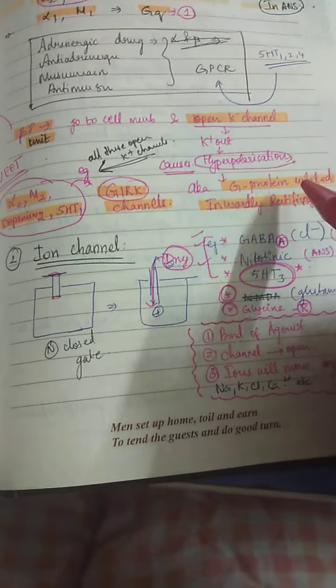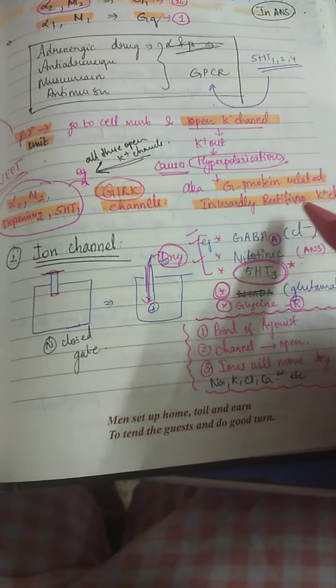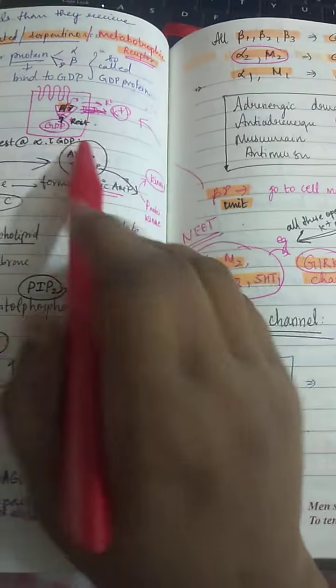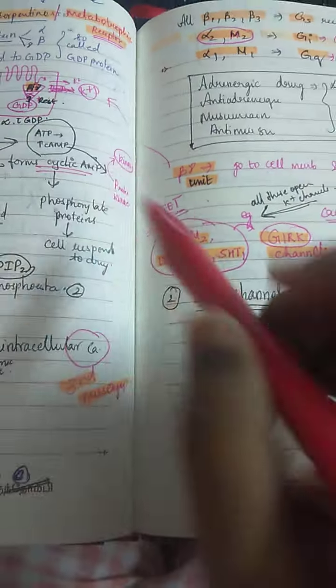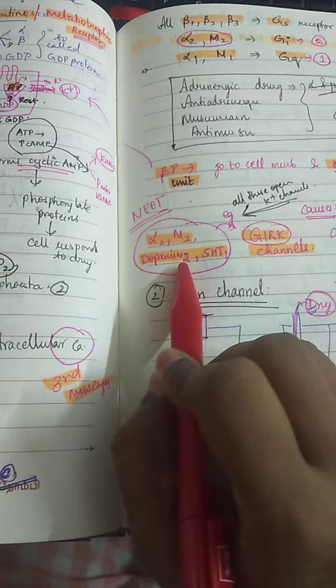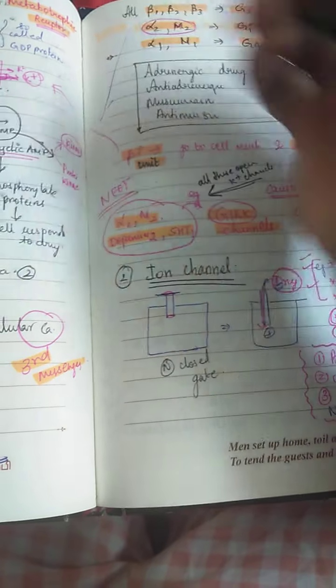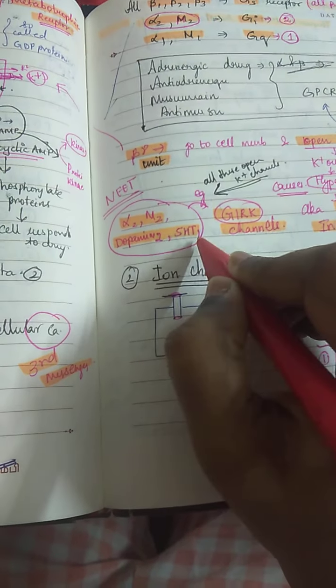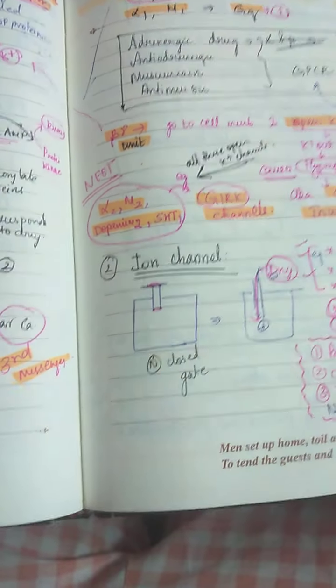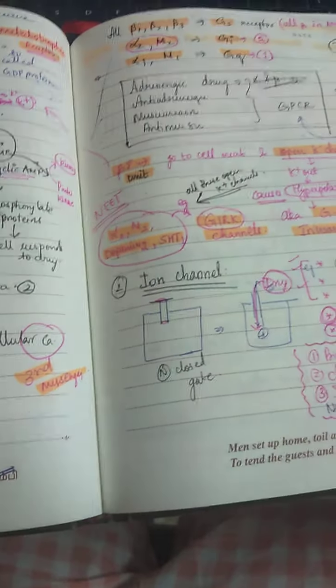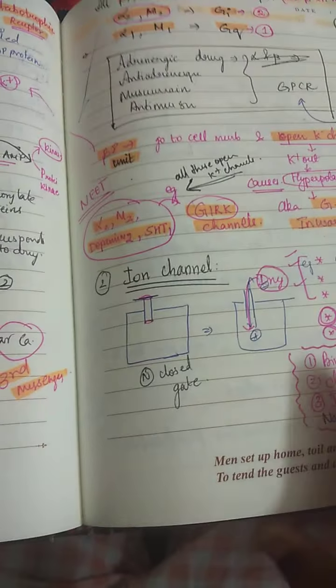This is also known as G protein related inwardly rectifying potassium channels, so GIRK channels. Other drugs which act by opening the potassium channels are alpha 2 and M2, and also dopamine and 5-HT1 serotonin on the receptor 1. All these will act by opening the potassium channels. So this is how it acts.